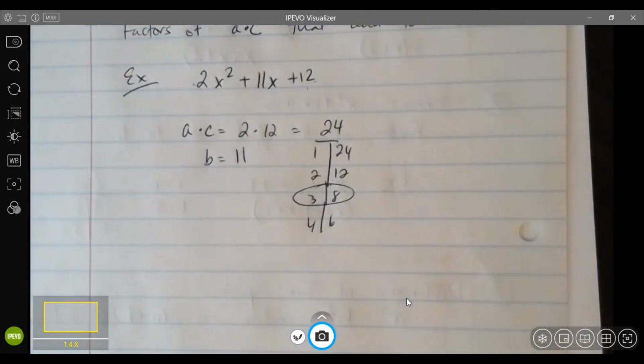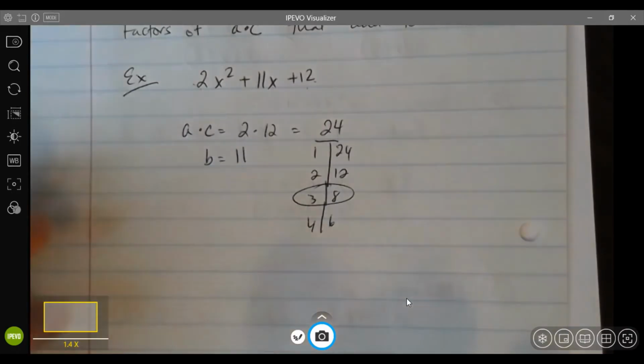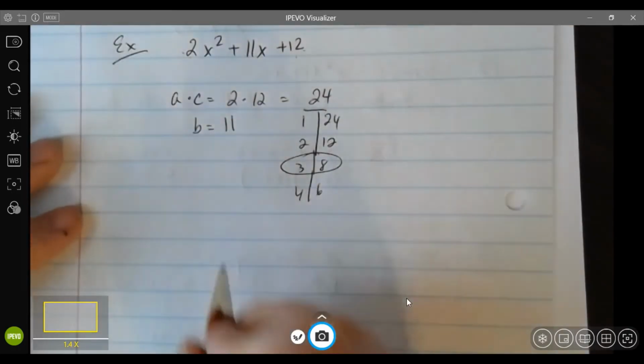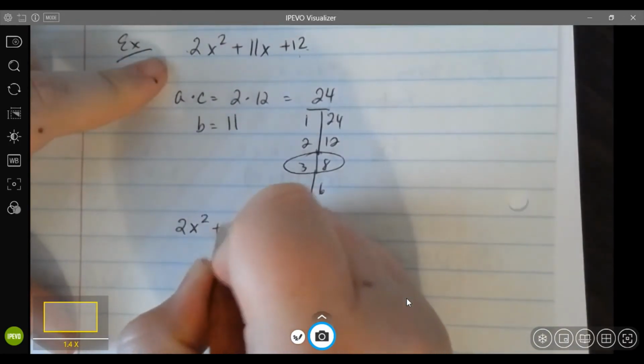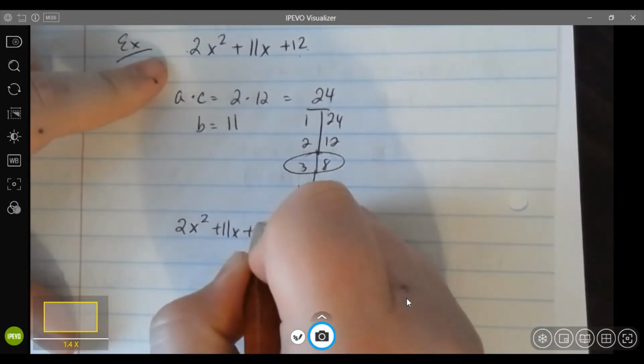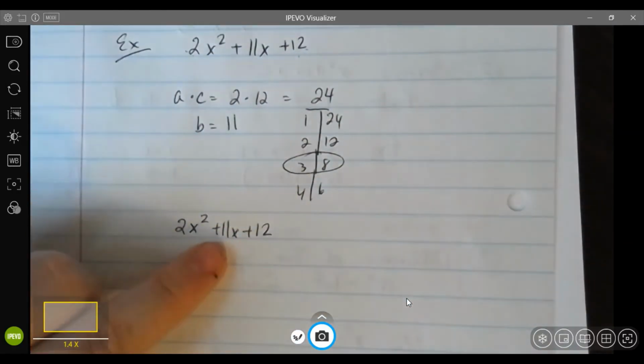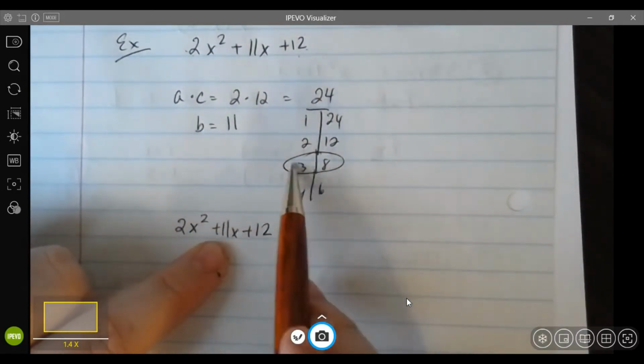The way this is a little bit different than what we did when a was 1 is this time we have to substitute it in as such. So we have 2x squared plus 11x plus 12, and we're going to split up 11x using 3 and 8.